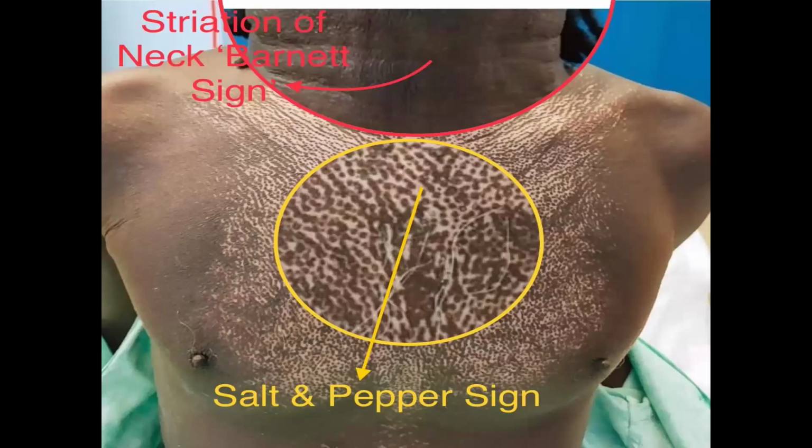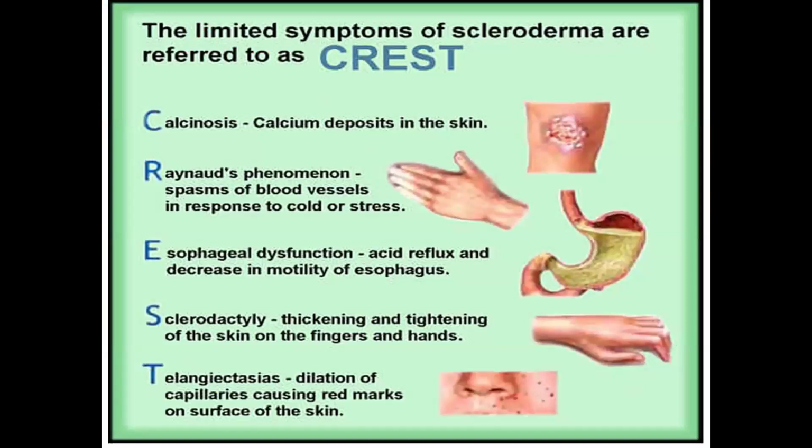Also, you will see in scleroderma striation of the neck called the Barnett sign. You will see also the salt and pepper sign in the skin. Limited symptoms of scleroderma are referred to as CREST. C for calcinosis, basically calcium deposits under the skin.